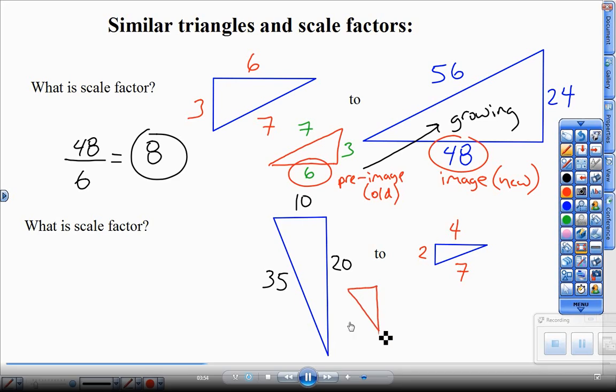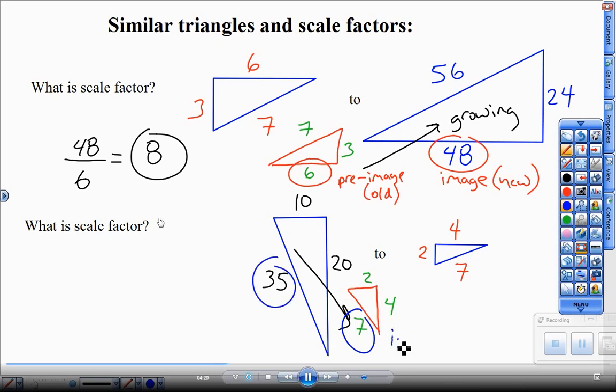So I'm going to have you redraw the scale factor triangle. I'm going to put the real numbers here, 2, 4, 7, going down. Again, my new length, the one on top of the fraction, is going to be a smaller number. And the old length, the number on the bottom, is going to be bigger. That's why these are fractions when you're going this way, when you're shrinking, when you're going down, dilating down.